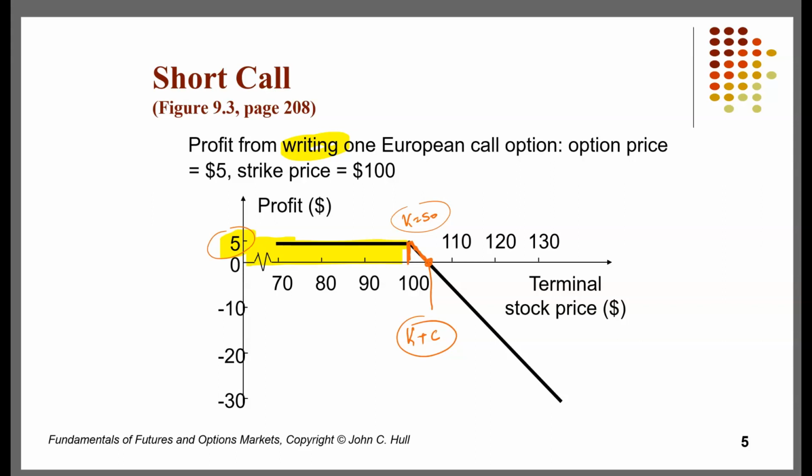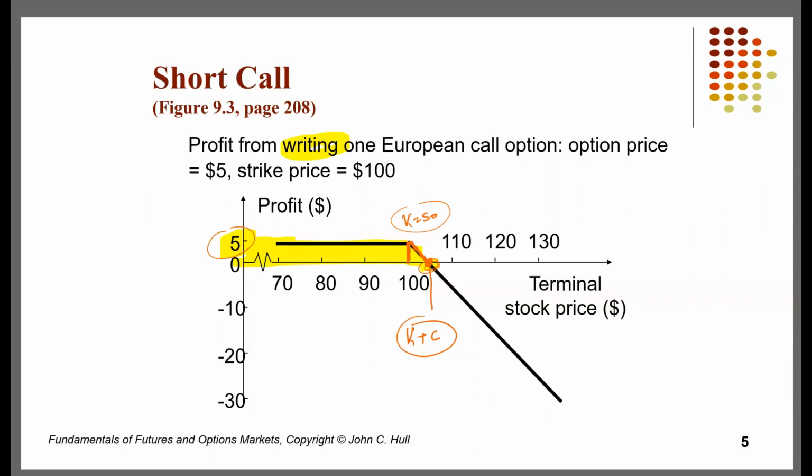Now, when the long call breaks even, the profit of the short call is also depleted, in that the short call premium that was received goes all the way back to zero. So the short call has also broken even.